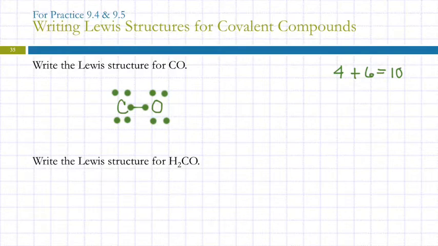So what I'm going to do is I'm going to take one of these lone pairs and make it a bonding pair between these. I didn't really leave myself enough room here. Okay, I'm going to draw this over again. Whoops.